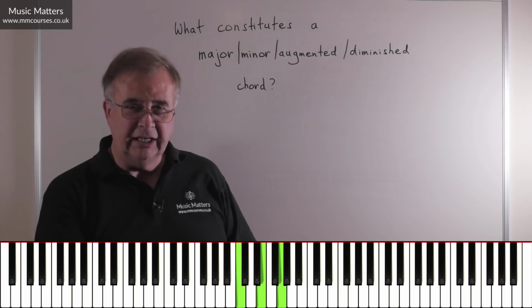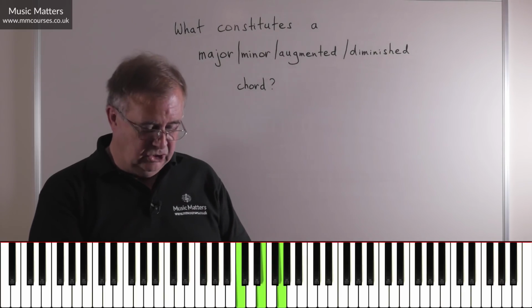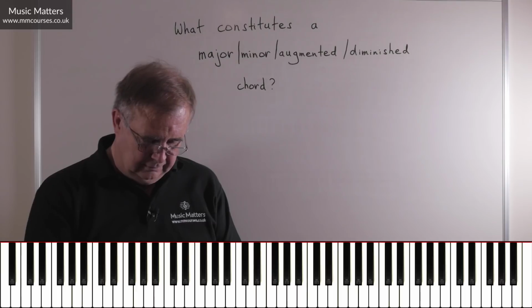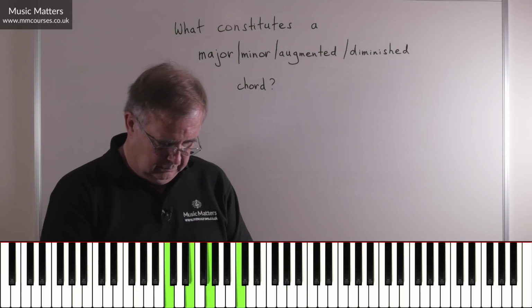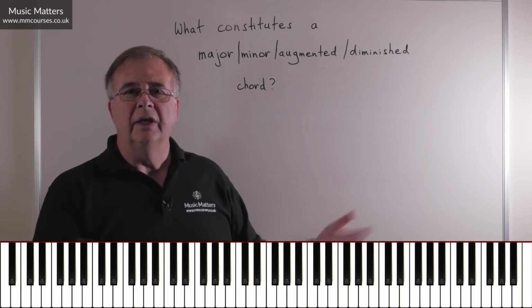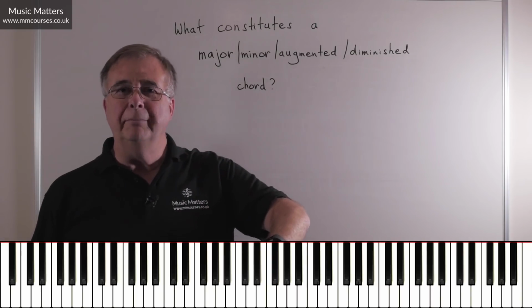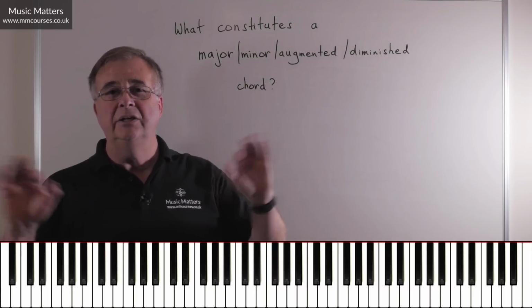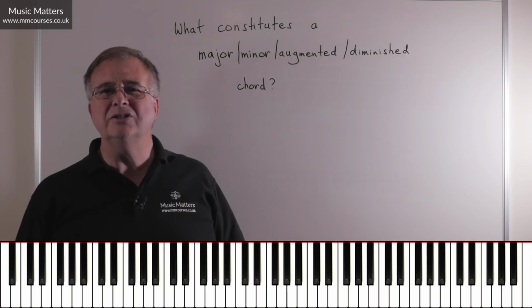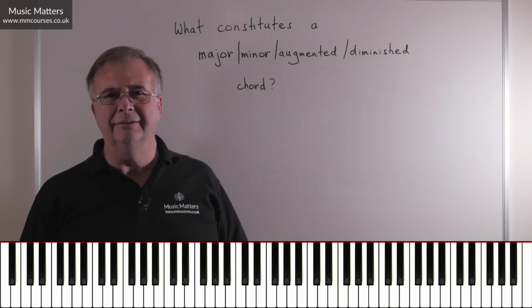Once I've got C, E, G, I can organise C, E, G any way I like. Those are all examples of a C major chord. And if you wanted to build that major chord on any other note, you'd do exactly the same thing. So there's the recipe for it, if you like.